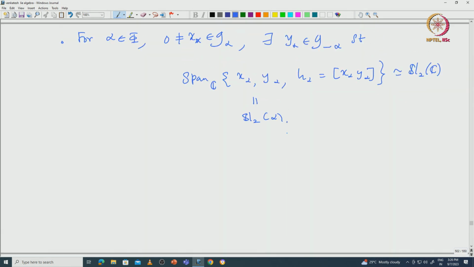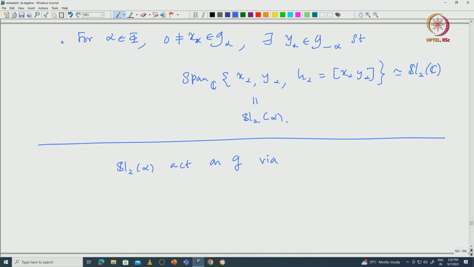We will see later that these SL2 triples build our entire Lie algebra. We will use this SL2 alpha and the representation theory of SL2 alpha, and then we conclude more about the properties of the root systems and the root spaces. We will naturally make this SL2 alpha act on G via the adjoint action.